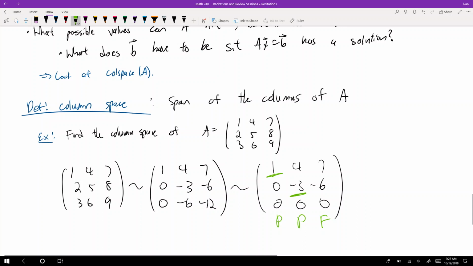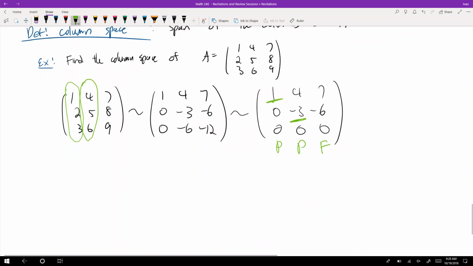And so what is my column space? Well, the pivots give me an index of which columns span. So since this first column is a pivot, I know the first column of A is going to span. So I go back to A, and that is going to be in my column space. And then the second pivot is in column 2, so I go back, and I'm going to take that in my column space as well.